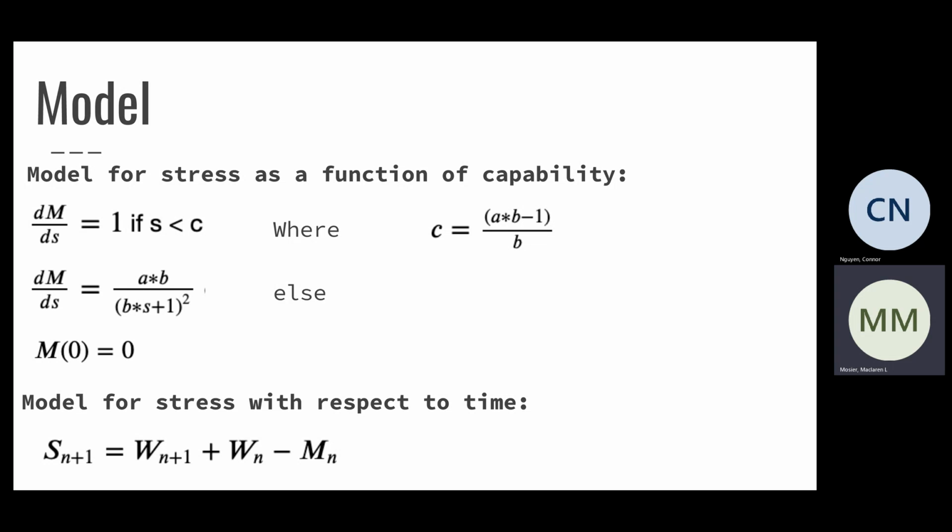After that critical point, the more work added, the less chance of finishing it, and the work accumulates for the next day. Secondly, we also have a discrete model for the stress with respect to time and the schedule.